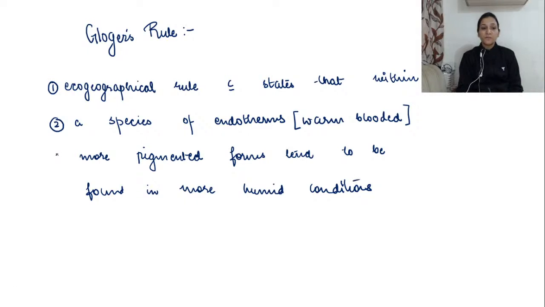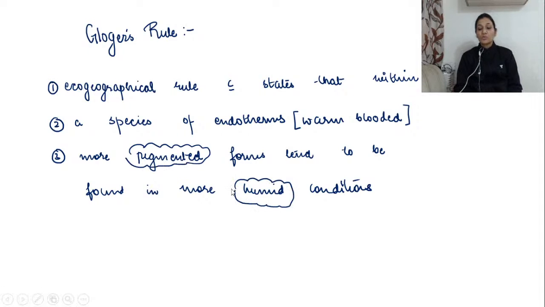So it is about the pigment, that more pigmented individuals are found in the more humid conditions. Where this more humid condition exists, that is near the equator. So this is the gist of Gloger's rule.